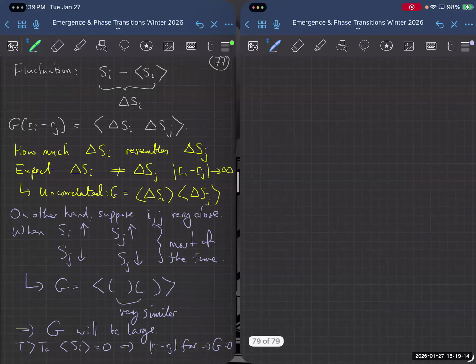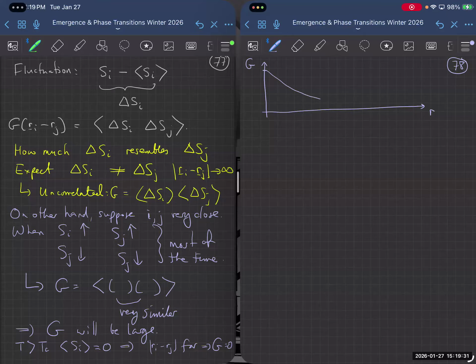So what we learned from this is that if I were to plot G as a function of distance, it's going to be some number that will then decay in some way at large values. So that's what we would expect.